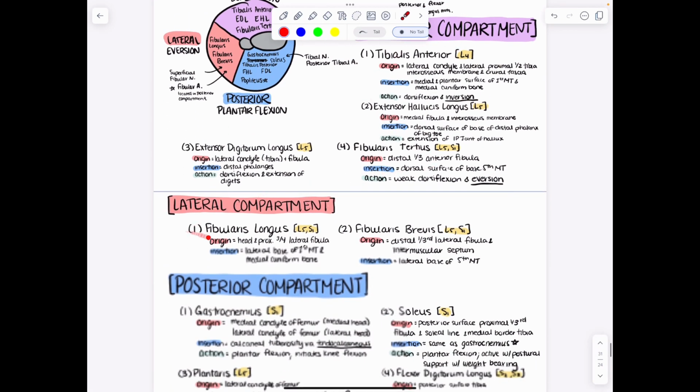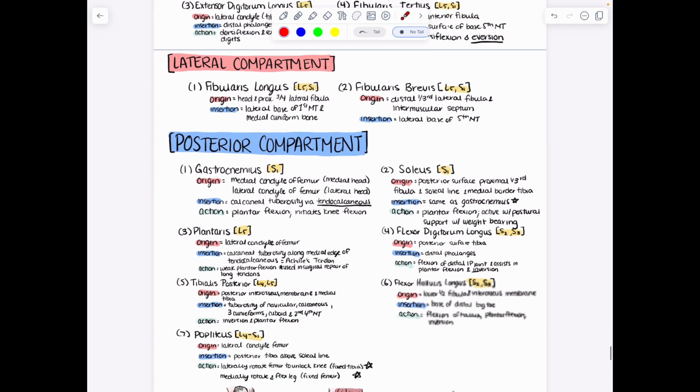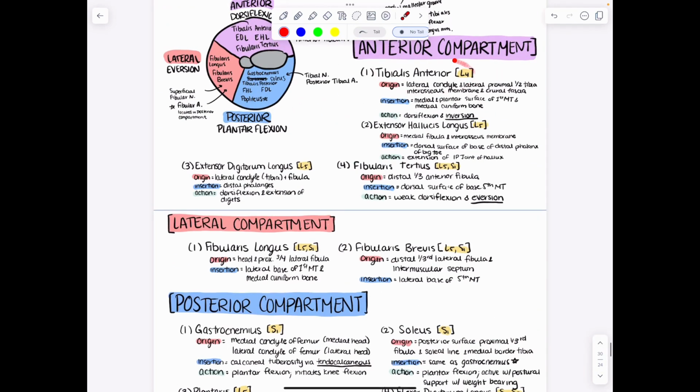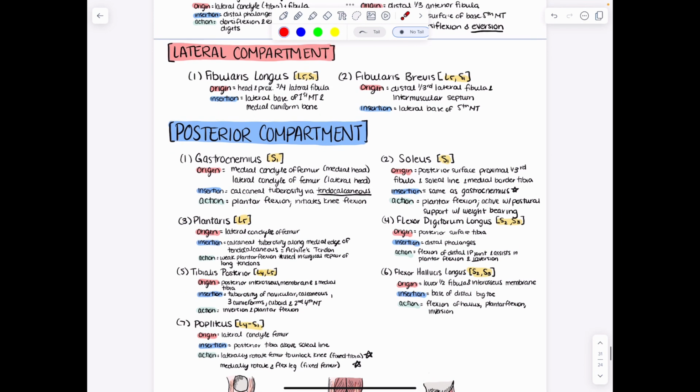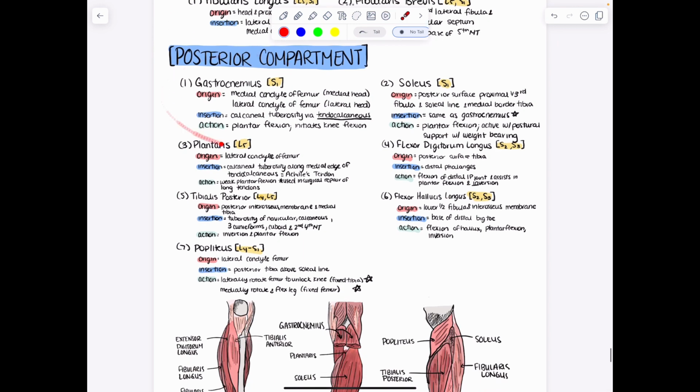So again, this is a lot of information that you don't necessarily need to 100% remember unless it's lecture that you need to. But tib anterior is the main one in the anterior compartment that I want you to know. For the lateral compartment, both fibularis longus and brevis. And then when we look at the posterior compartment, we have gastroc and soleus. They make up the triceps surae group.